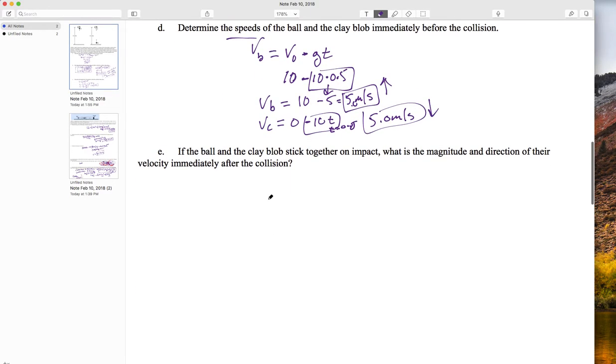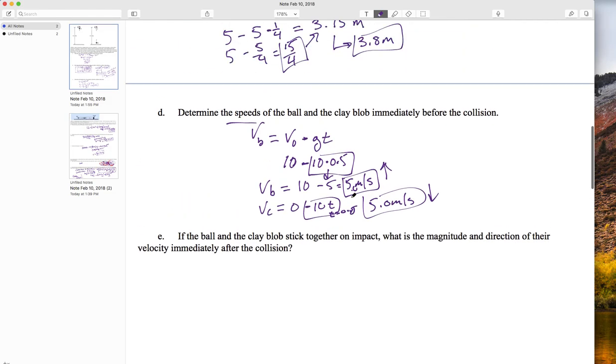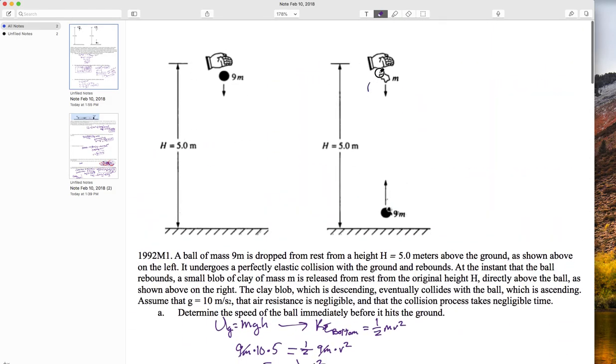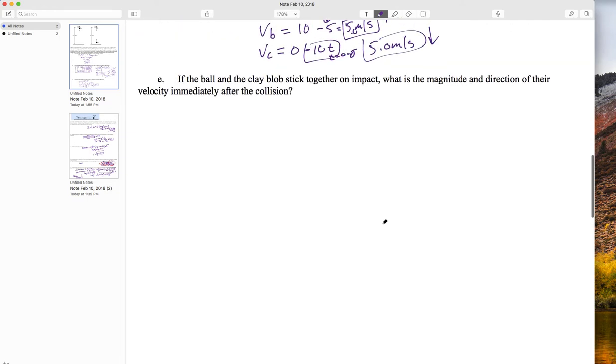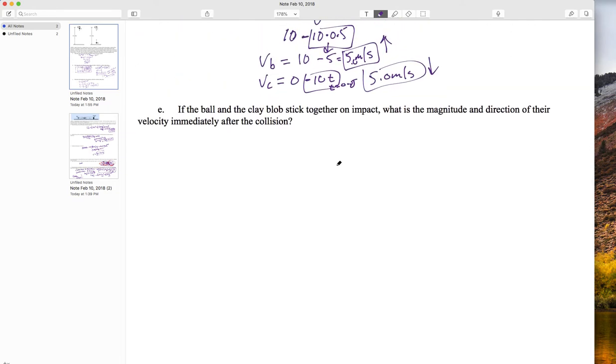So finally, if the ball and the clay stick together upon impact, what's the magnitude and direction of their velocity immediately after impact? Well, you want to pay attention to the fact that this has mass m and this has mass 9m, so the momenta are going to be slightly different. And this is going to be a momentum problem.